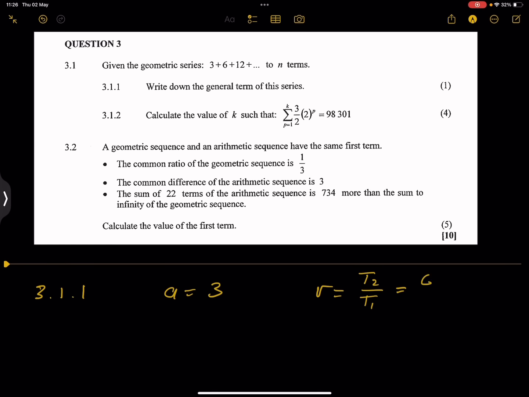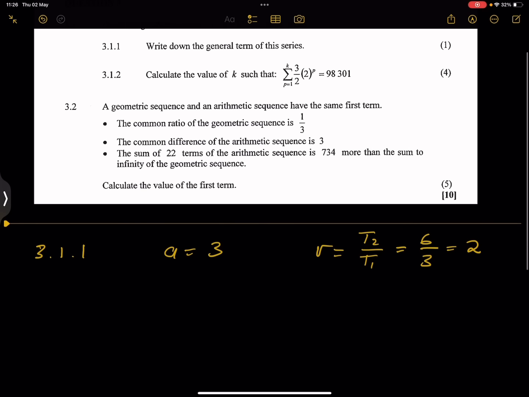So we're going to say that 6 divided by 3, and that also gives us 2. Okay, so in this case, we know that our common ratio is 2. So the nth term is always a r to the n minus 1, right?